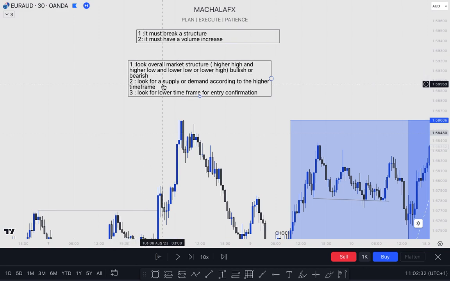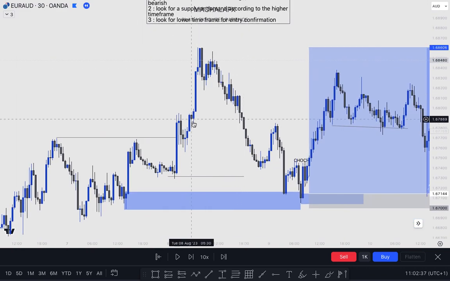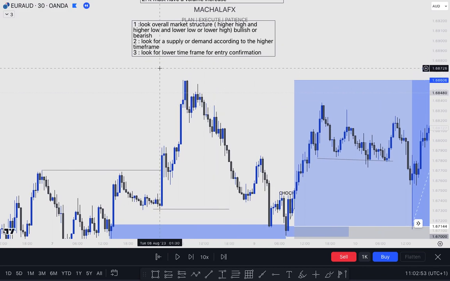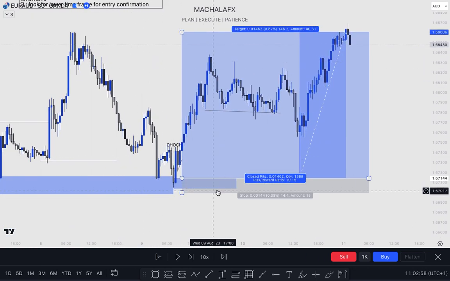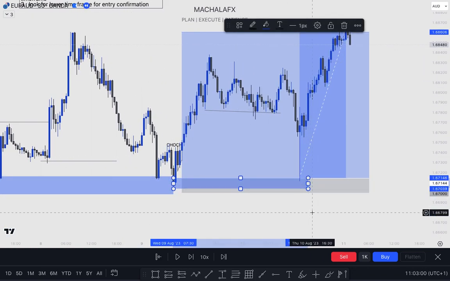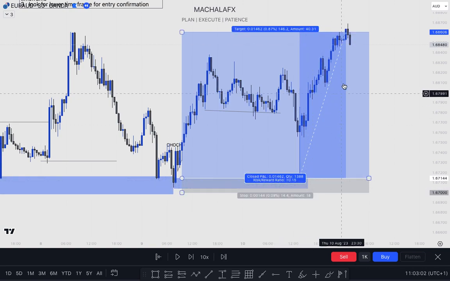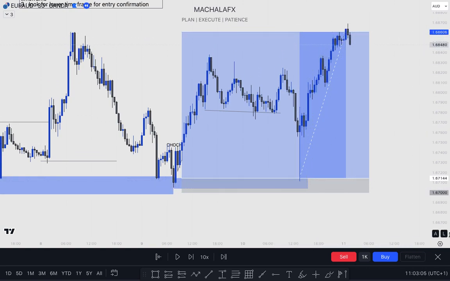Now, look for a supply or demand according to the higher time frame. If you see a trend on 4 hour or daily, go to 1 hour or 30 minutes or 2 hour to look for your recent supply and demand level to trade from. So rule number 3, look for lower time frame for entry confirmation, which we did around here, and we got a snap entry and a sniper take profit.